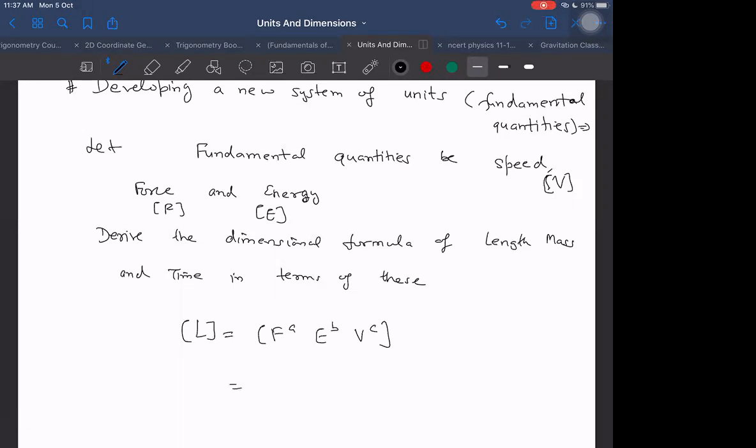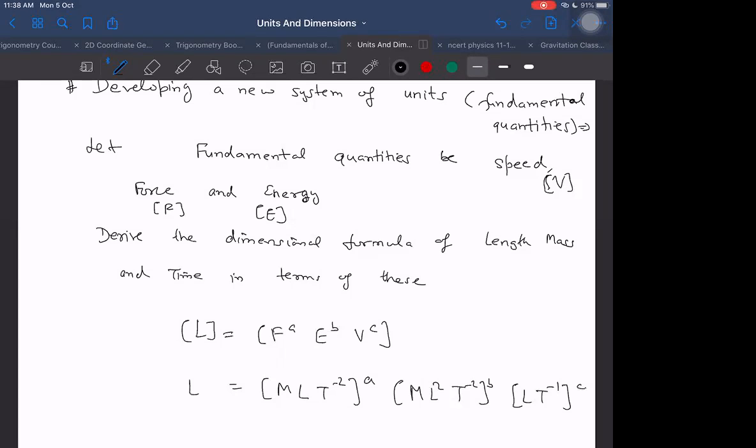So I don't know what it will come out to be, but we will do the same way as we have done above also. What is the force dimensional formula normally? M L T raised to power minus 2, raised to power a. Energy, M L square T raised to power minus 2, raised to power b. Next, velocity, L T raised to power minus 1, raised to power c.